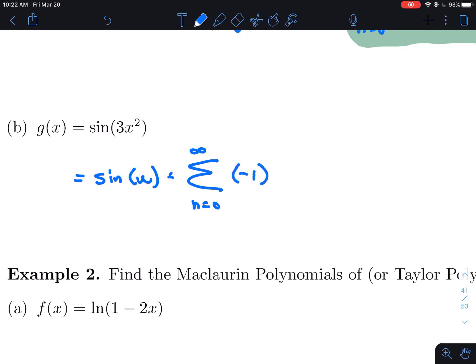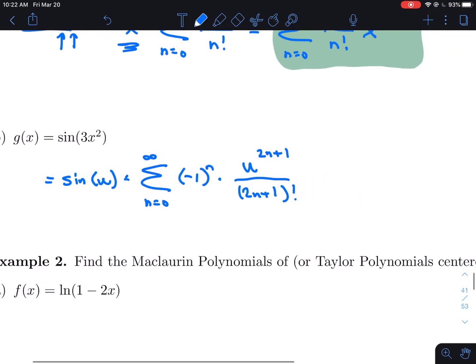We have this alternating piece, and then we have just the odd powers. So x to the 2n plus 1 divided by 2n plus 1 factorial. Oops, I was using u for my variable, so this should really be u here. There we go. And in this case, my u is just 3x squared.